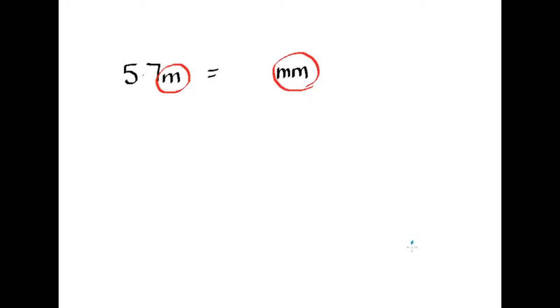That is going from meters, going down, decimeters, centimeters, then millimeters, so we're going to multiply. What are we going to multiply by? Well, there are 1,000 millimeters in 1 meter. So we're going to multiply by 1,000.